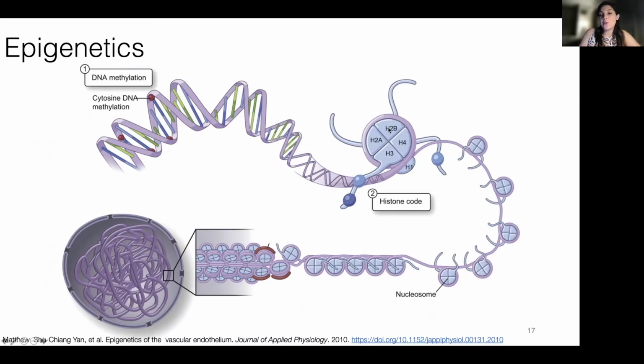So I mentioned that nucleosomes have 8 histones, and here they're labeled H2A, H2B, H3, H4, and H1. And there can be chemical modifications put on each of these. And biologists have found patterns about if it's an acetyl group or a methyl group put on which specific histone and what that correlates to functionally in the genome.